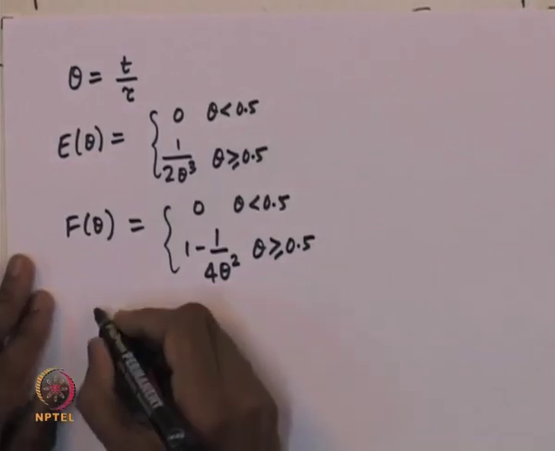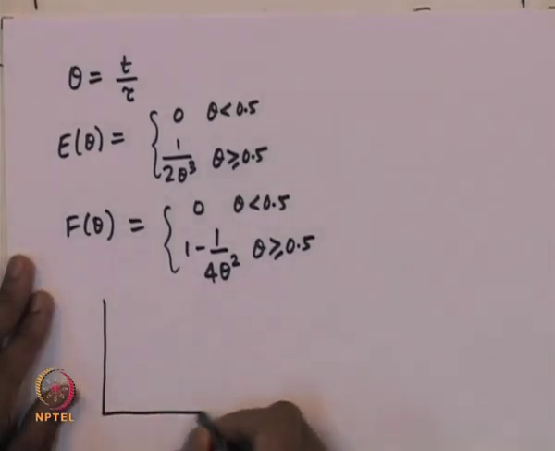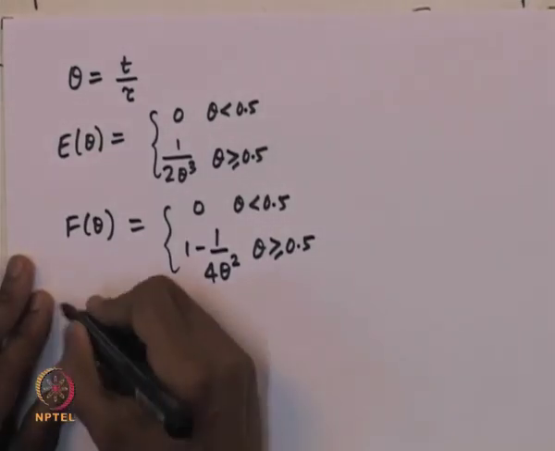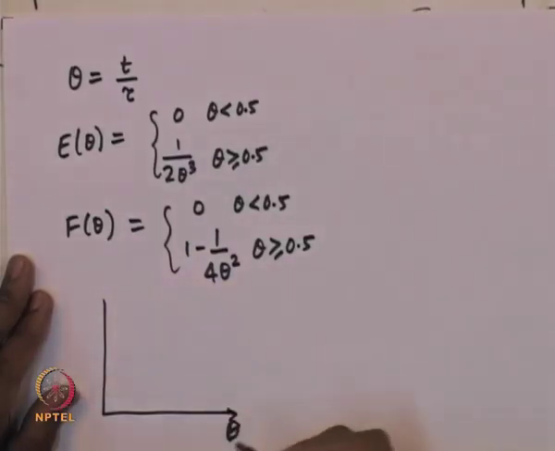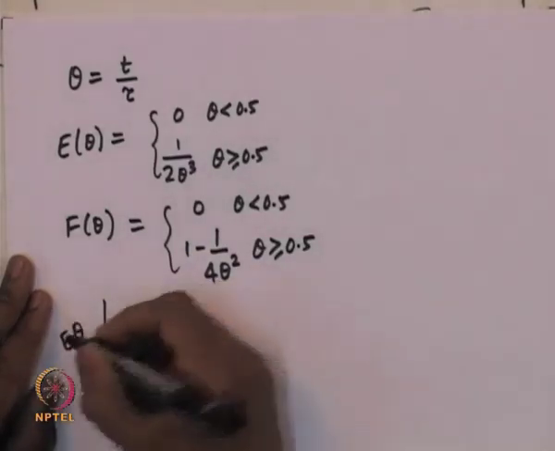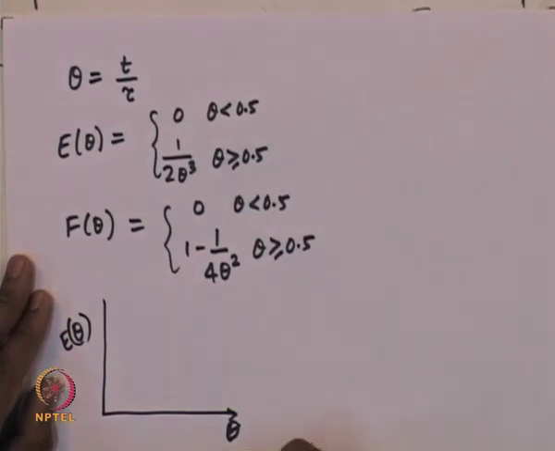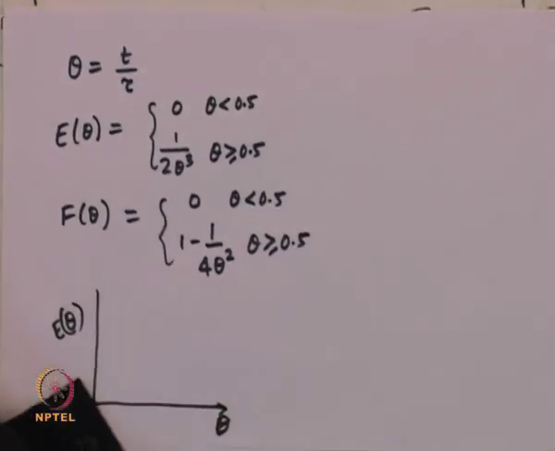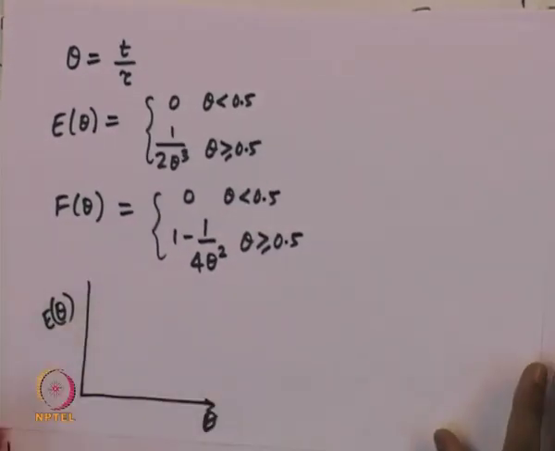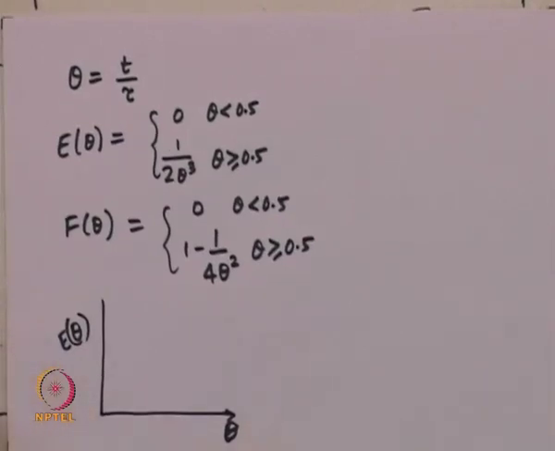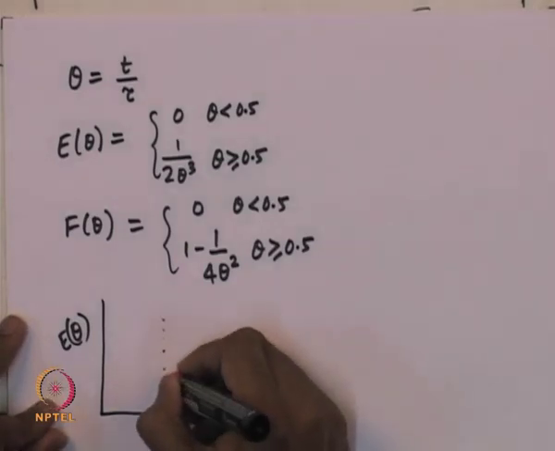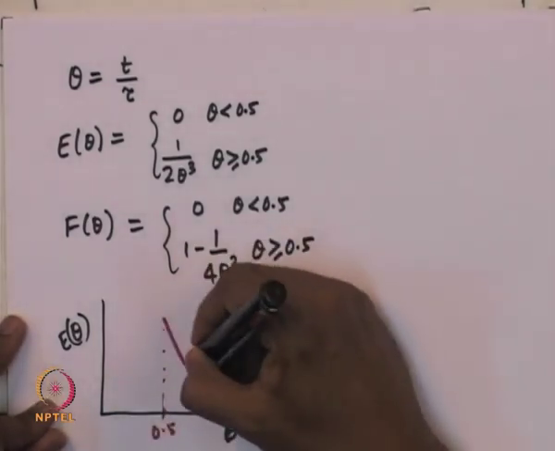So, now if we look at the E curve and the F curve, suppose I sketch the E curve of the normalized residence time distribution function, then we can observe that the E curve is going to start at 0.5, because before 0.5 it is not valid. So, at 0.5 it will start, and it will look something like this.